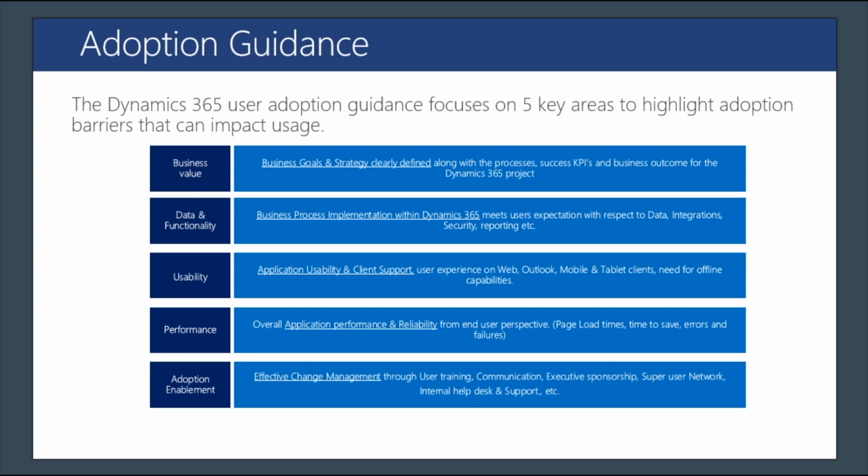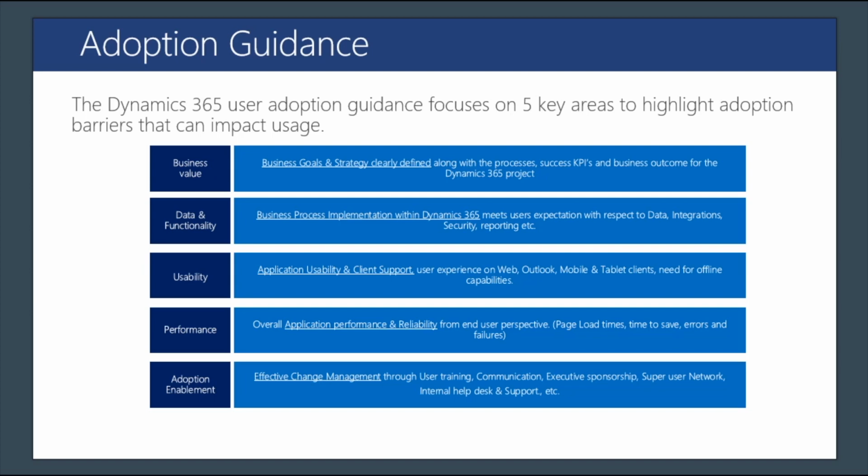And having a clear strategy, or even a roadmap, if you're trying to do it in multiple phases, is very, very important. And then you'll see how your strategy and roadmap will align to different user stakeholder groups, and what you need to do with each of those stakeholder groups, and how you need to approach them for adoption. So having that initial business value discussion, or getting your strategy and KPIs defined, is very important. We'll go into each of these areas in a little depth and talk about it.